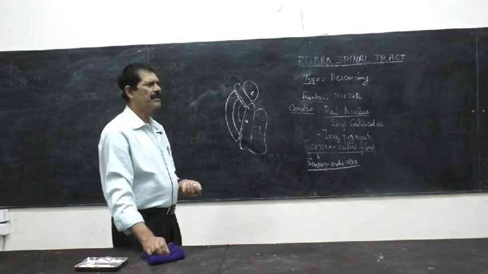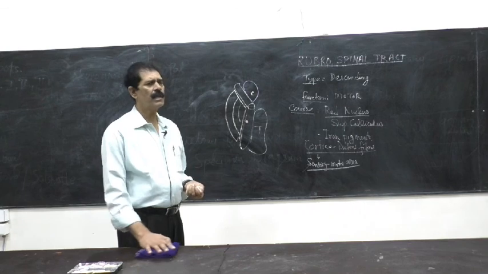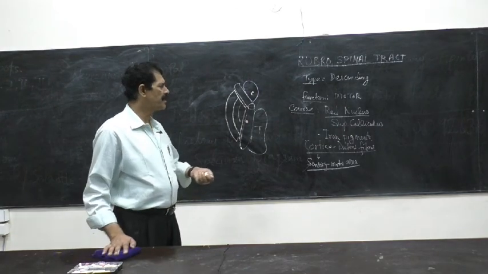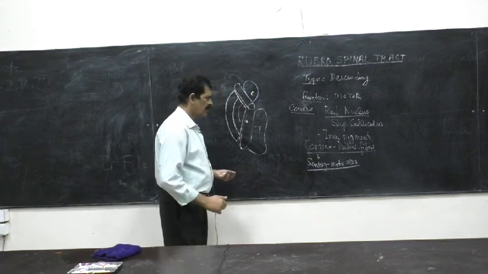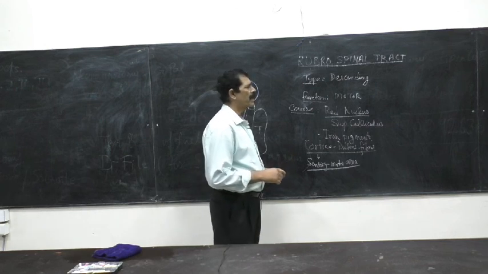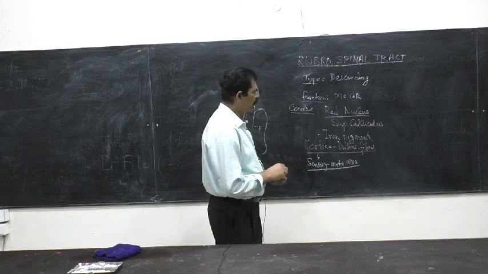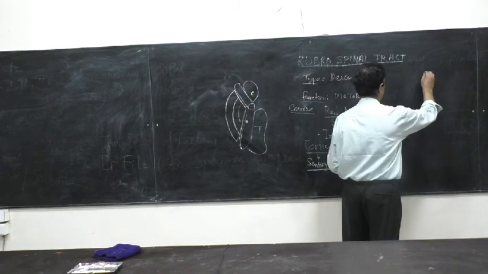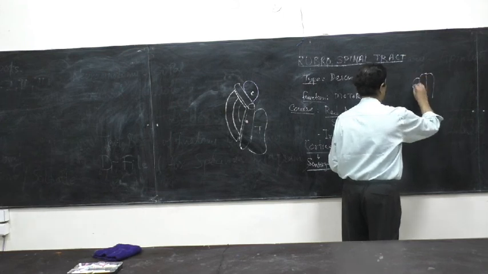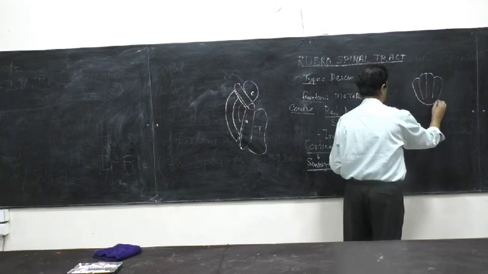So it means the red nucleus is influenced by the sensory motor area functions of the conscious level of the brain, that is the cerebrum. Then from this red nucleus the rubrospinal tract starts, which descends down and lies in the lateral column of the spinal cord, near the corticospinal tract.